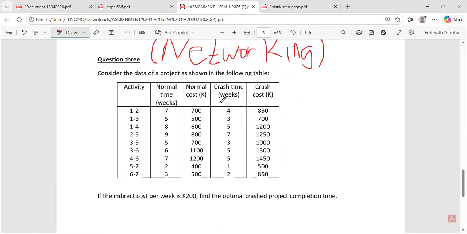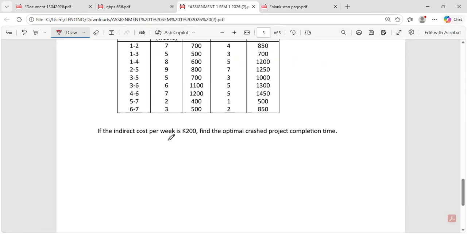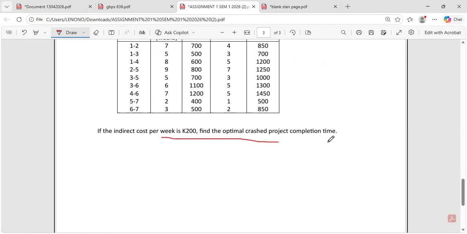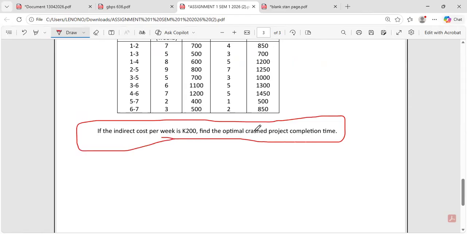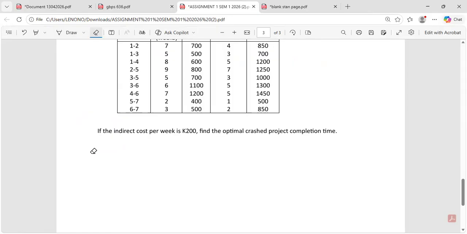These are the normal times, the normal costs, the crash times, and the crash cost. If the indirect cost per week is 200, find the optimal crashed project completion time.